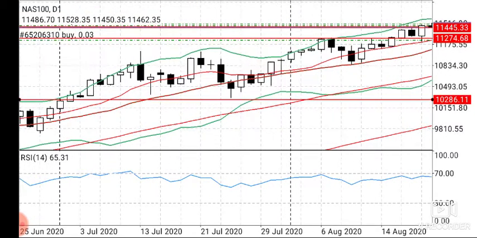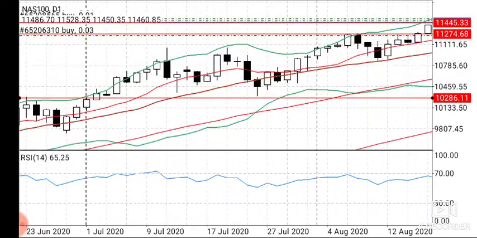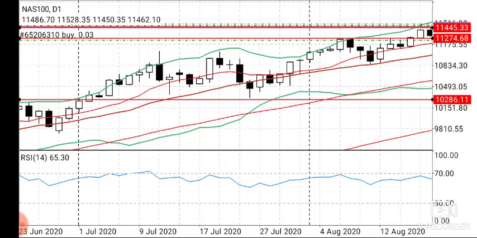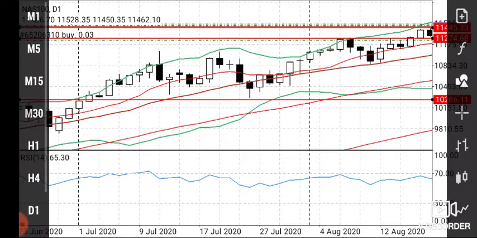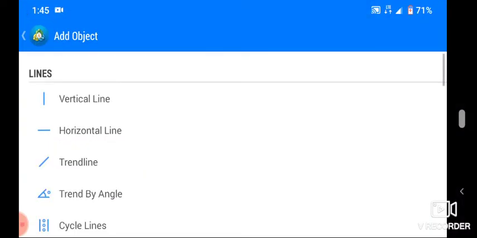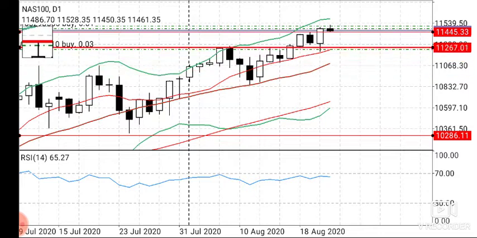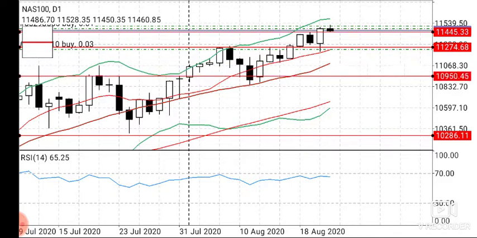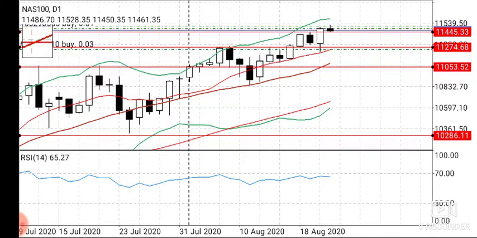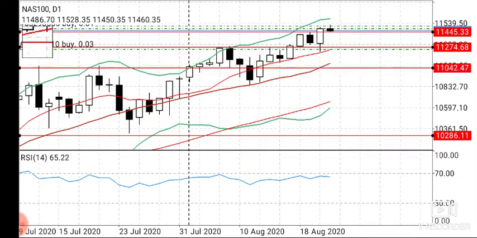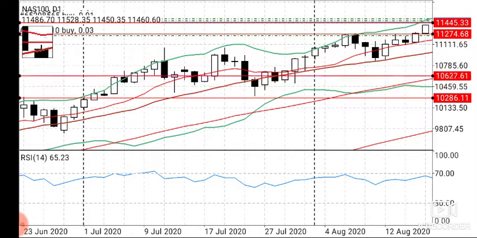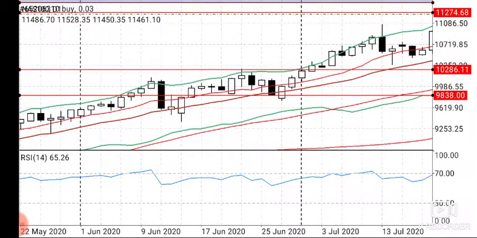Another bearish engulfing candlestick that I know. Okay, let me add a horizontal line. Another bearish engulfing that I know. This is a bullish engulfing, this one here.